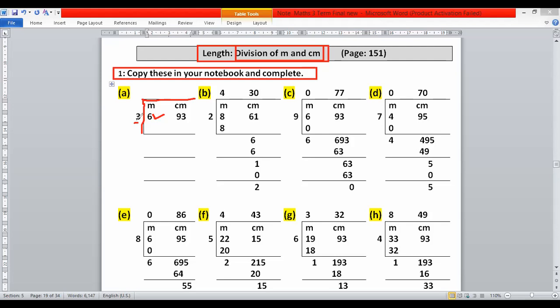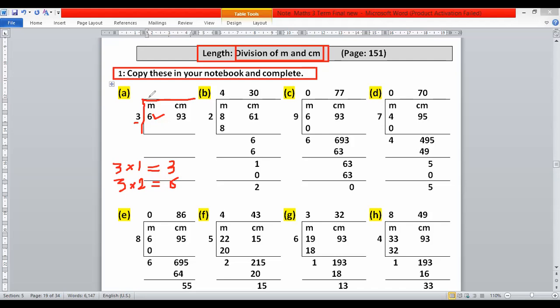You know that whenever we divide any number by another number, we count the table. In which number do we multiply by 3 to get 6, or a number very near to 6? So we count the table of 3. 3 ones are 3, and 3 twos are 6.